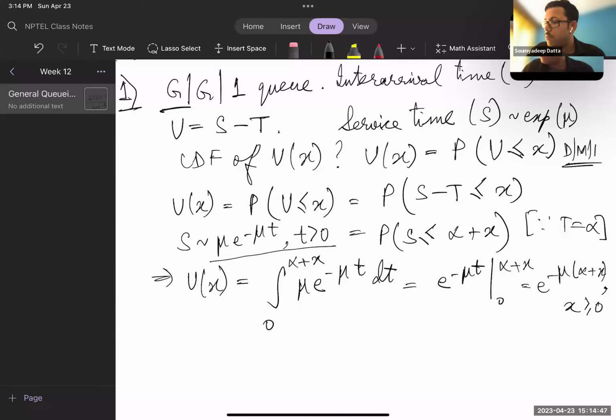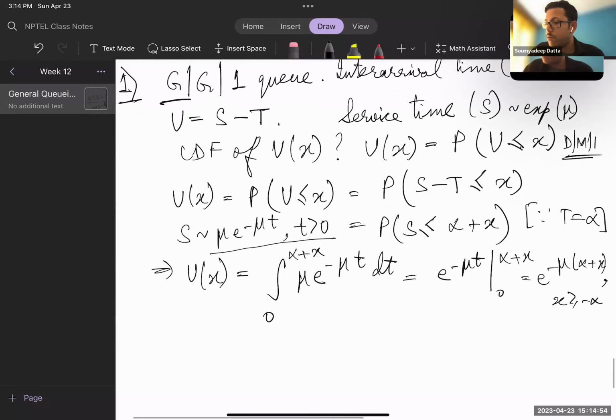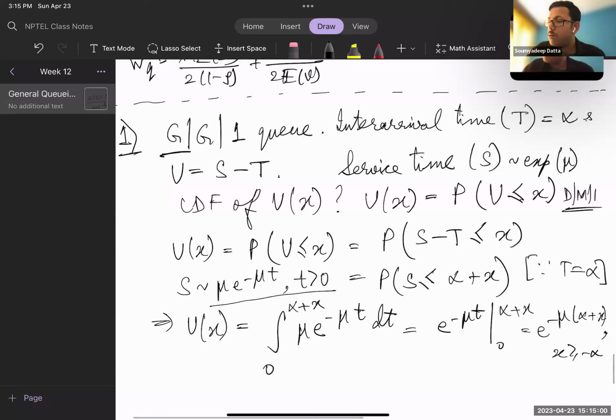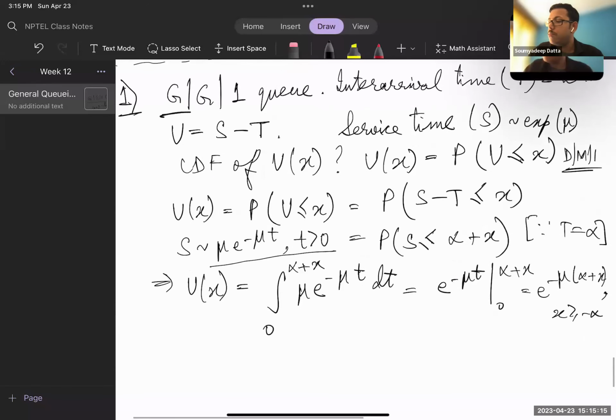Sorry, x can be any value greater or equal to minus alpha. That's the answer, because u is equal to s minus t, and t is known to be alpha. S is exponential with parameter mu, so s is greater than 0. The whole u has to be greater or equal to minus alpha.